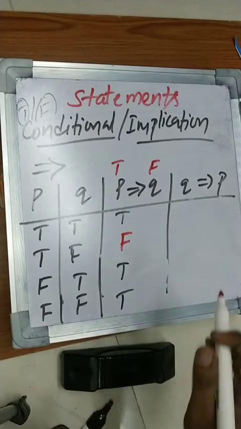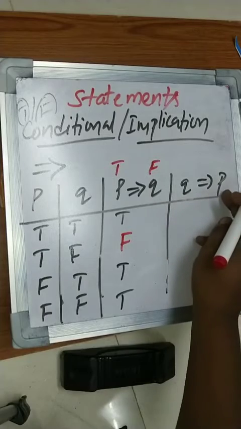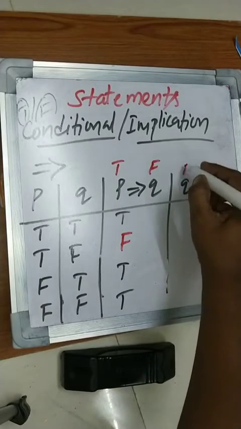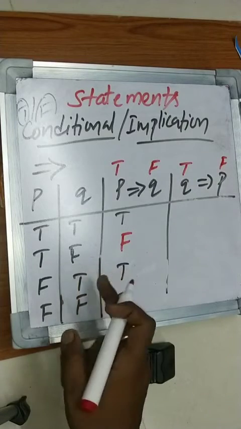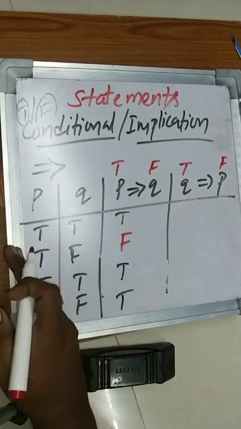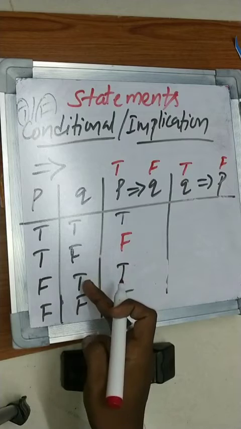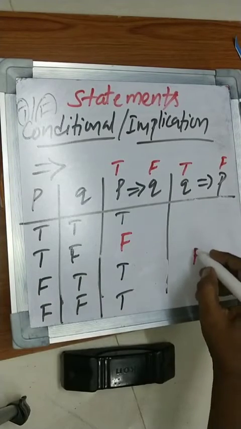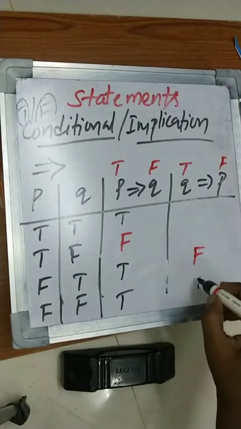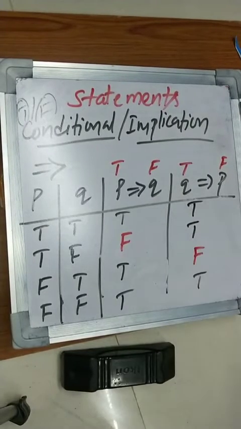Q is the first statement and P is the second. Q is true and P is false, which is the third case, true implies false. There only you will get false. The remaining will be true. So a true statement cannot imply a false statement.